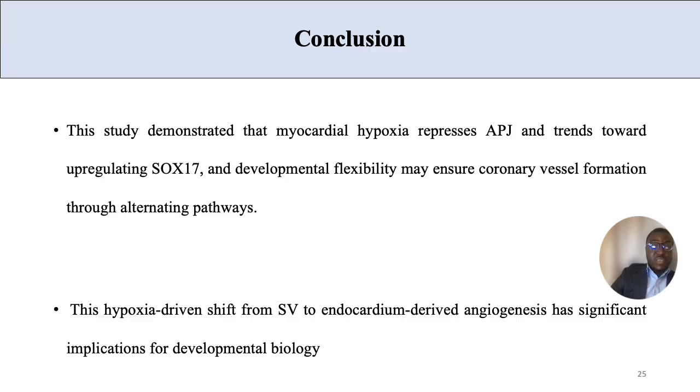The observed suppression of APJ and the potential upregulation of SOX17 under prolonged hypoxic conditions suggest a developmental flexibility, highlighting a remarkable adaptability in coronary vessel formation, ensuring myocardial perfusion through redundant pathways. This adaptability may have therapeutic relevance in adult ischemic conditions, where inducing similar compensatory pathways could facilitate vascular regeneration.